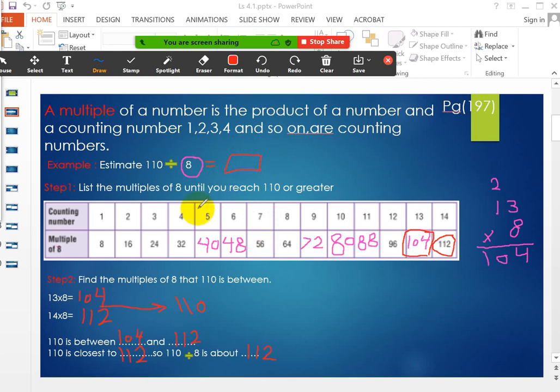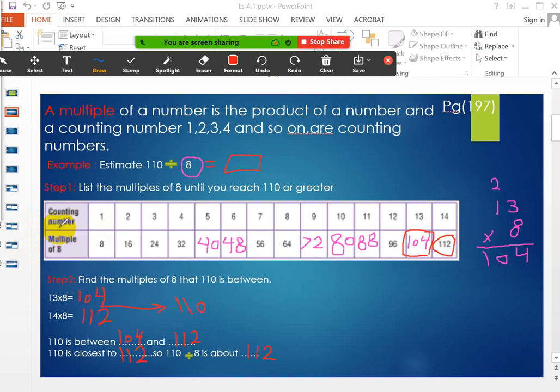Now I will use the multiples of the smaller number, 8. To find the multiples, I have to draw a table and write the counting numbers, counting from 1, 2, 3 to 14. Why I stopped at 14, we will see.